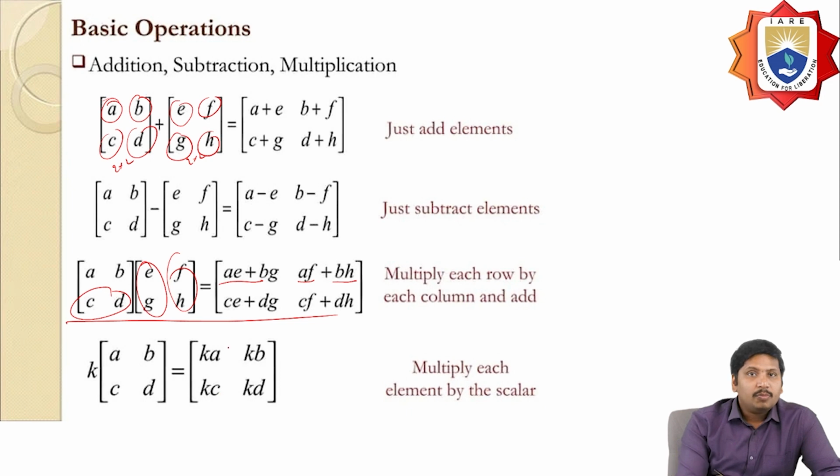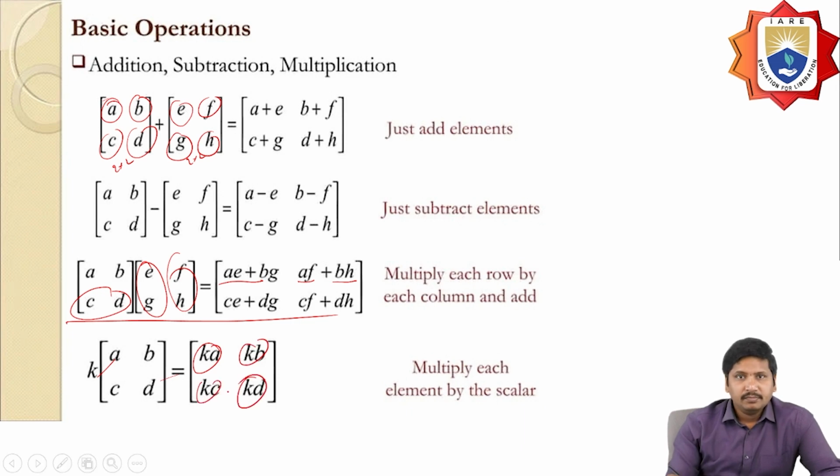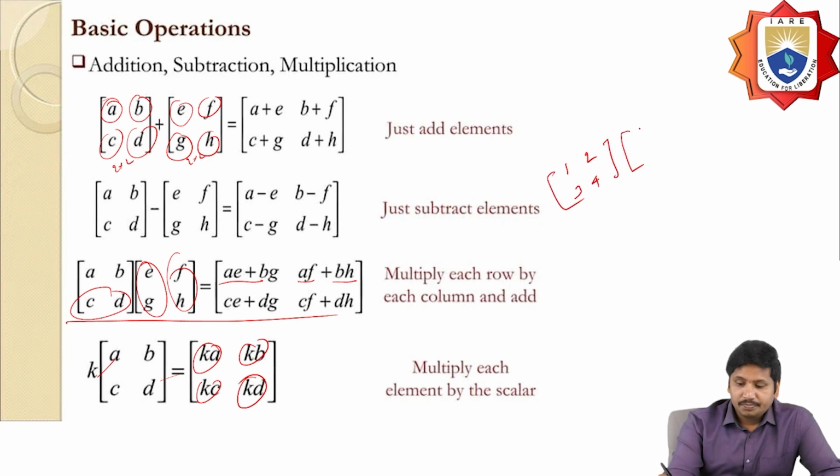Similarly, you can also multiply a matrix with a scalar value. If I have a matrix, then we get Ka, Kb, Kc, Kd. Now take the matrix 1, 2, 3, 4 and multiply it with 1, 2, 3, 4.